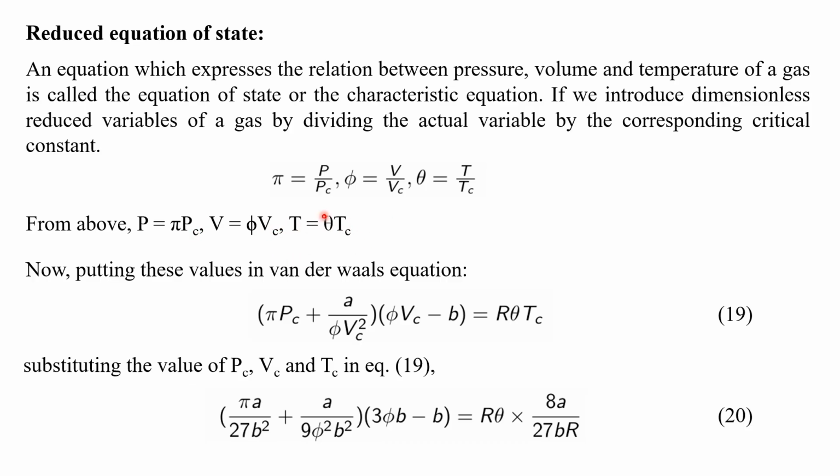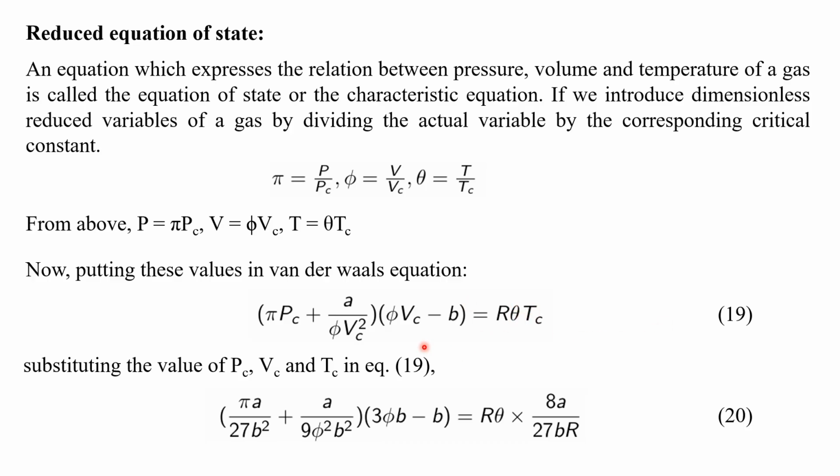Now, if we put these values in the Van der Waals gas equation, instead of P we write pi times Pc, then A by V square becomes A by phi times Vc whole square, and V minus nB becomes phi times Vc minus B, and instead of T in RT we write theta times Tc.